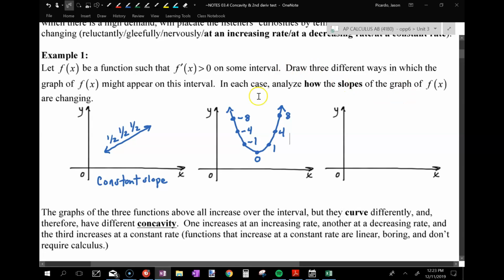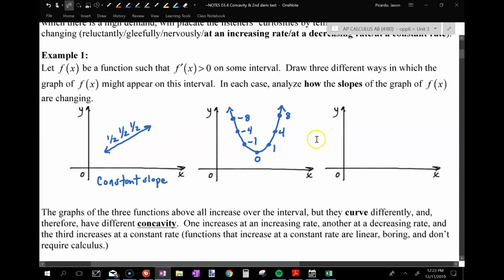Now, guys, using these 7 numbers, we know that this portion of the graph is decreasing because the slopes are all negative. And we know that this portion is increasing because the slopes are all positive. And we know that that's a minimum because I went from decreasing to increasing.